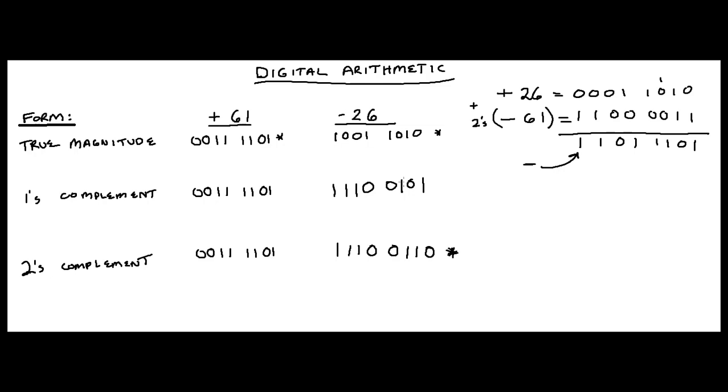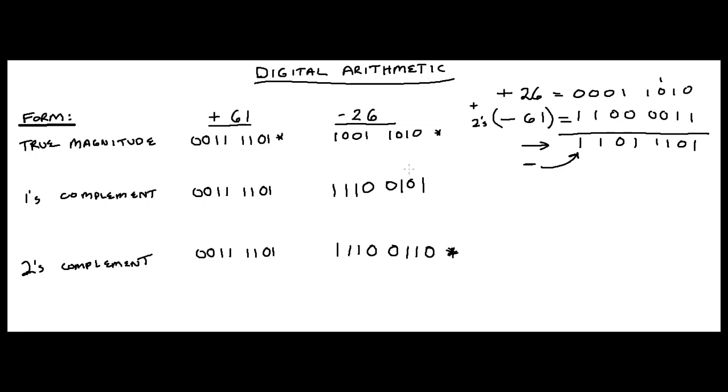Here's a key point. When you add them, if your sign bit is a 1, which means it's negative, that means this value is the 2's complement of the number, okay?